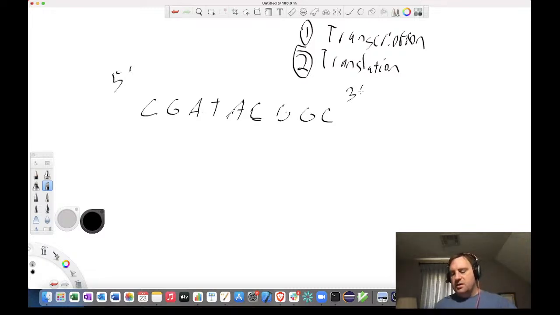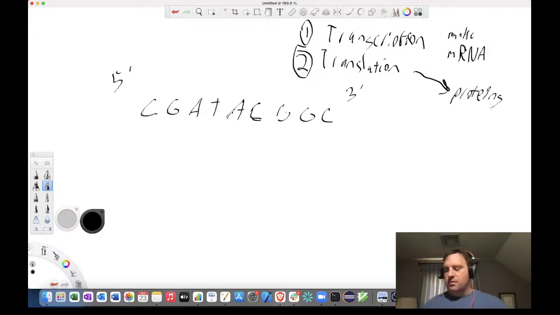So what happens in transcription is that we make messenger RNA. All right, so RNA is used for a lot of the intermediate products. DNA gets transcribed into messenger RNA. Okay, so then this messenger RNA gets translated into proteins.